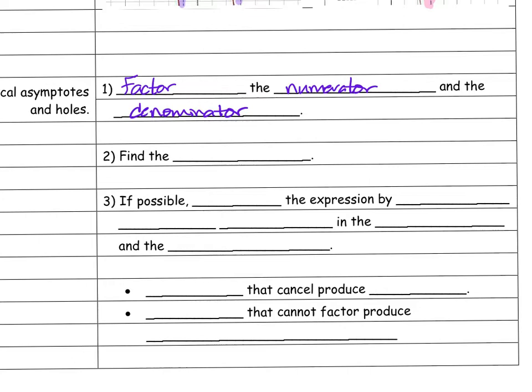The second step is find the domain. Remember, that's what we just got done doing in the last lesson: we set the denominator equal to 0. Then the third step, if possible, is to simplify the expression by canceling.